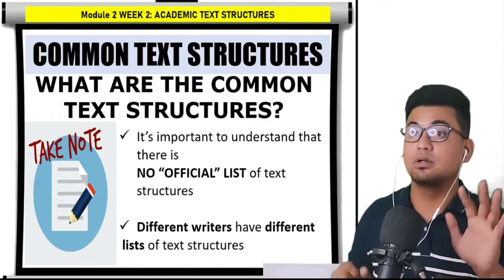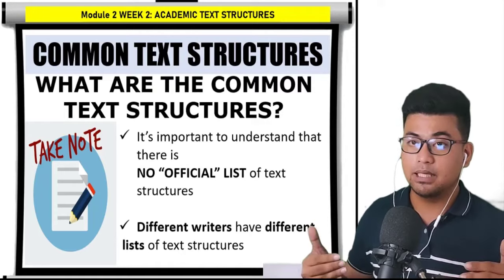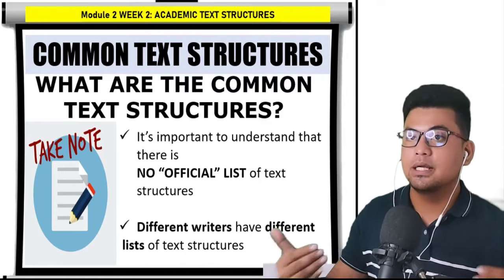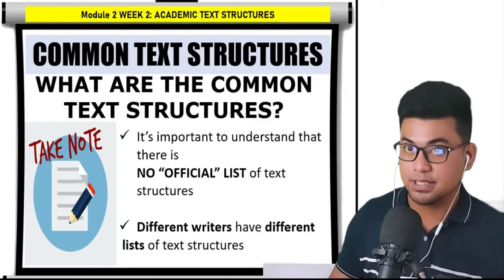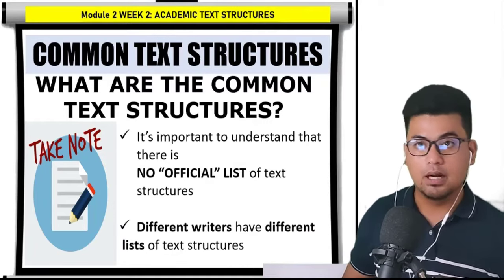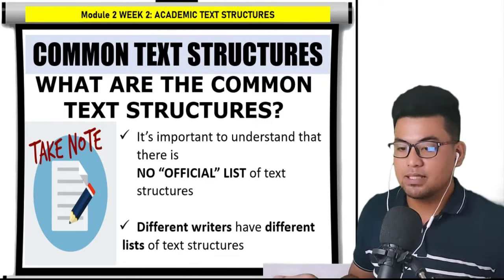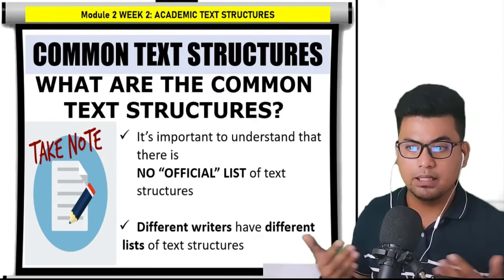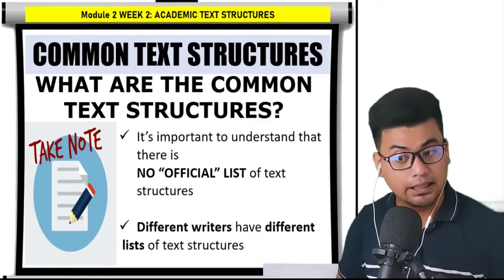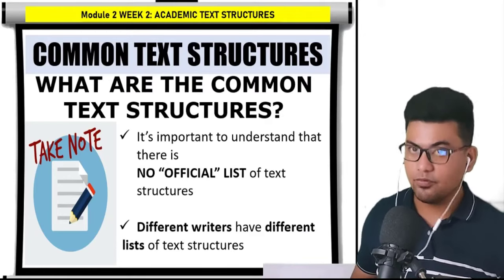It depends on the intention of the author, and also on our resources on the internet, in our books or references, where we can get ideas regarding academic text structure. So there's no official list.